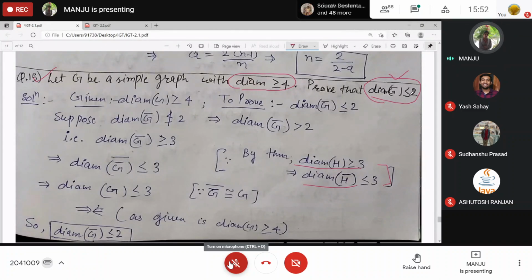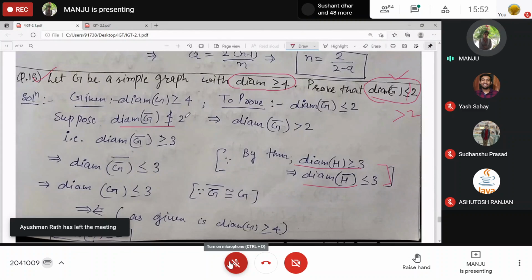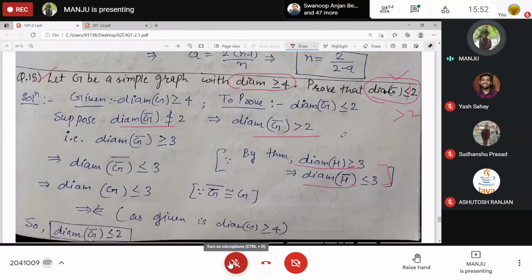Suppose the diameter of the complement is not less than or equal to 2, so it will be strictly greater than 2. So what is the possibility? It can be equal to 3 as well. Clear? So that means the diameter of the complement is greater than or equal to 3.